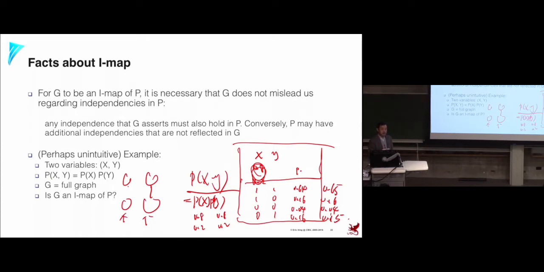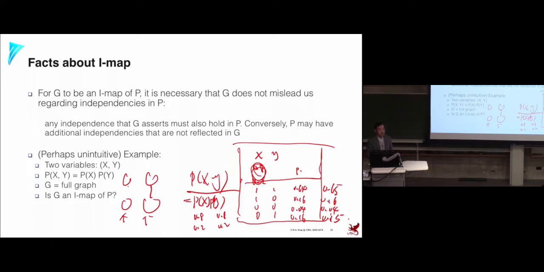Right? So that's hopefully giving you an interest, or maybe a conviction, on why working with graphs is more convenient than working with numbers. But I need to establish some good equivalences between the graph and the distribution. For example, the graph shouldn't mislead you.